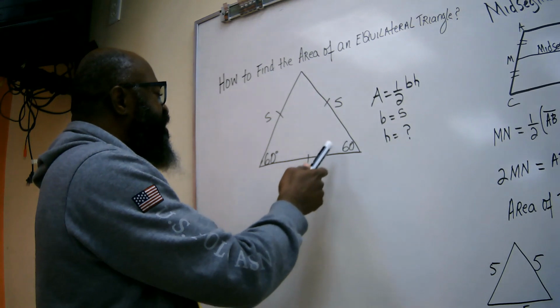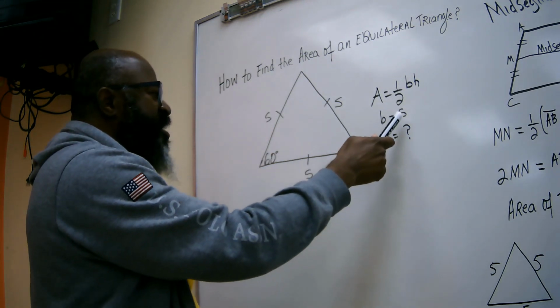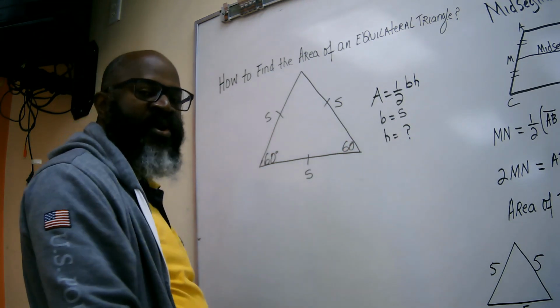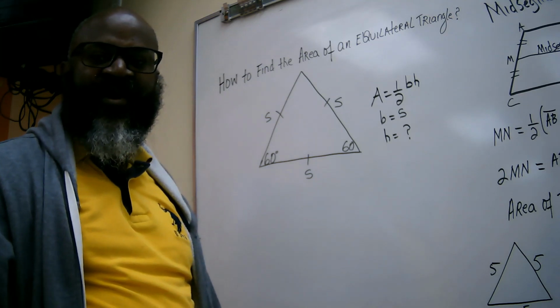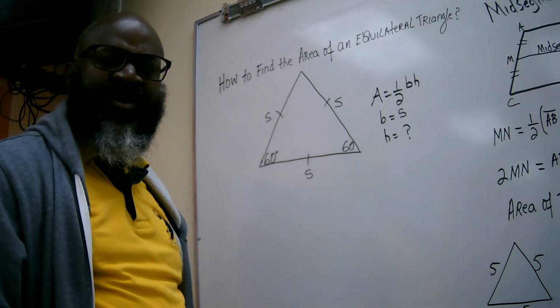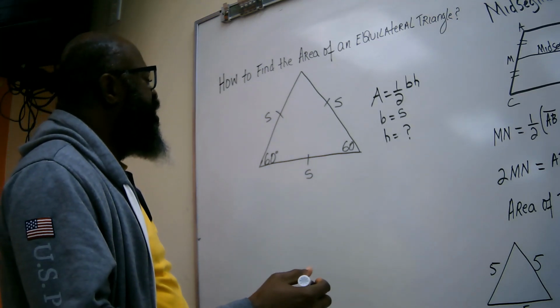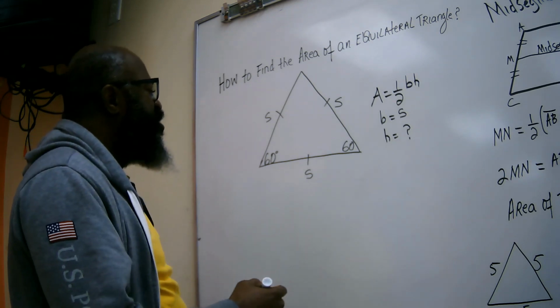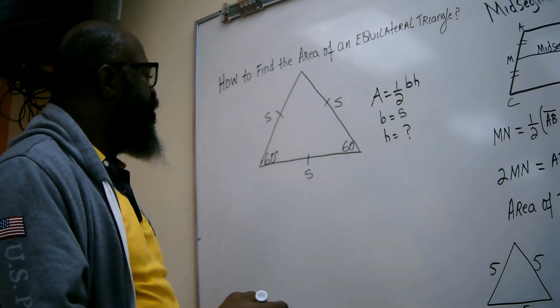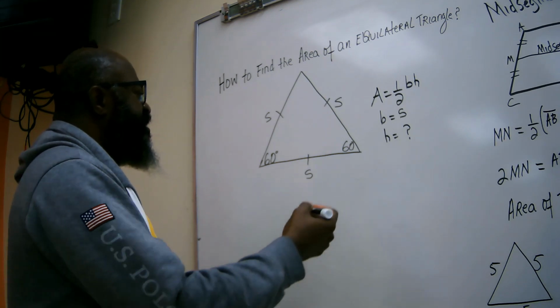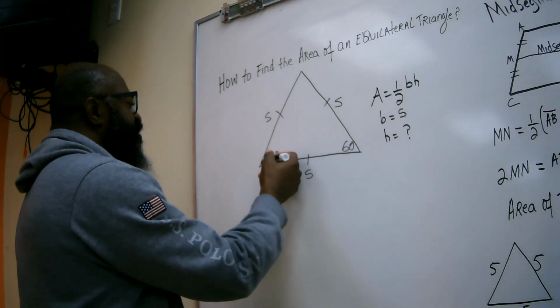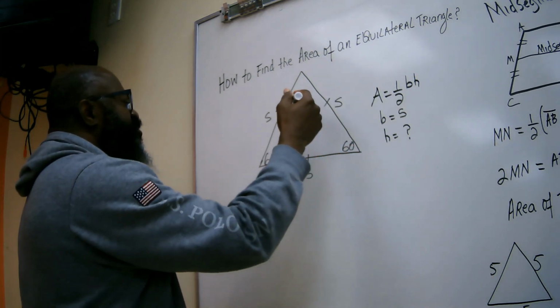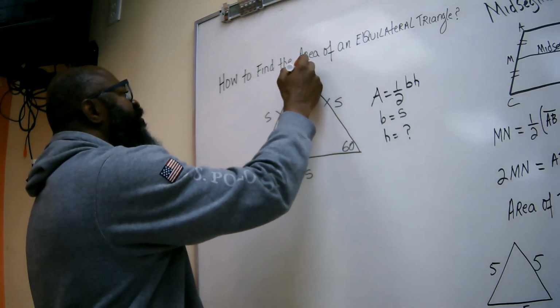In this case, the base of the triangle is S, but we don't know H. So we're going to use one of the special right triangle techniques, which is 30-60-90. We have the 30, we have the 60, we have 60. We're going to use the perpendicular bisector forming it.